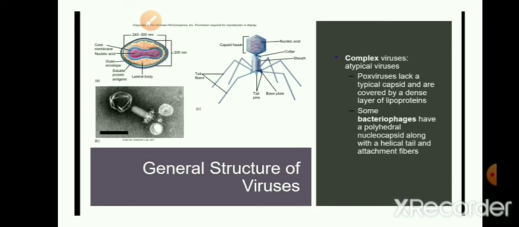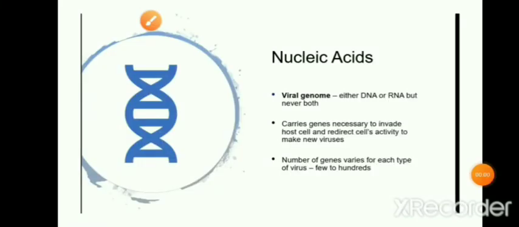And the general structure of viruses: nucleic acids. Viral cells have only one type of genetic material, either DNA or RNA, never both. A virus does not contain the enzymes that are important for replication and multiplication, so viruses are dependent on the host cell for multiplication and replication.